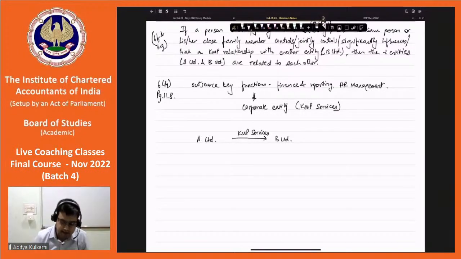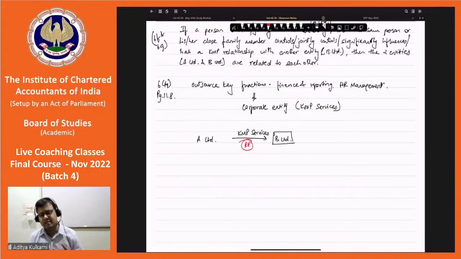You are preparing the financial statements of B Limited. So are you related? The answer is obviously yes. Why? Because all analysis, reports, etc. will be prepared by A Limited for B Limited, and therefore there is a degree of a relationship. So they become related parties.